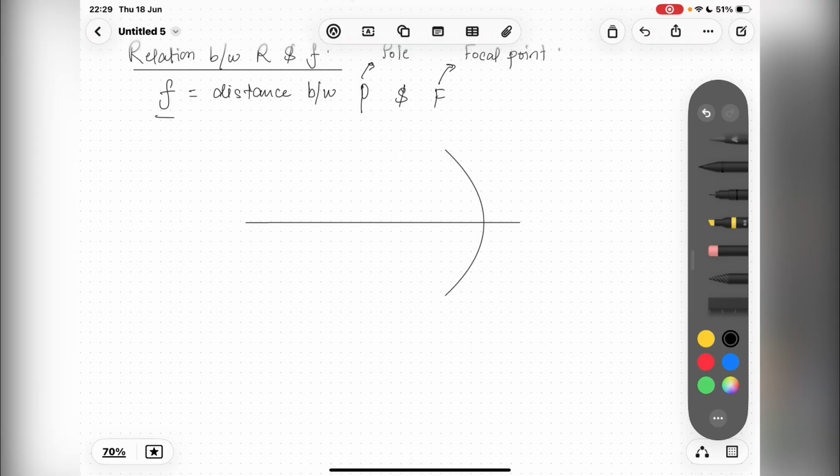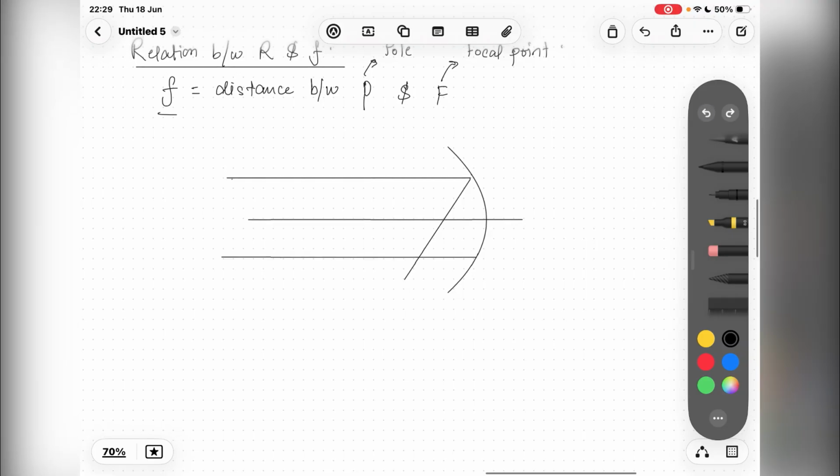So we know that any ray coming from an infinite distance becomes almost parallel to the principal axis. Okay, it gets reflected and intersects the principal axis at some point. Similarly, let's take another ray which is also parallel. It will also get reflected and intersect the principal axis at the same point.